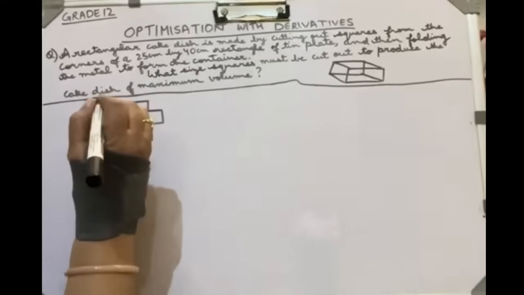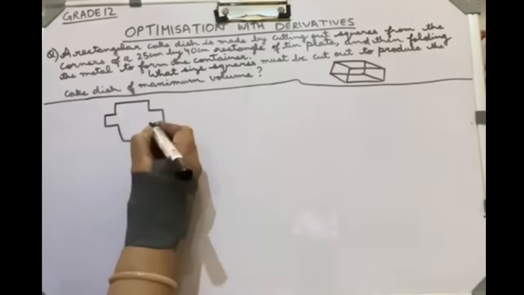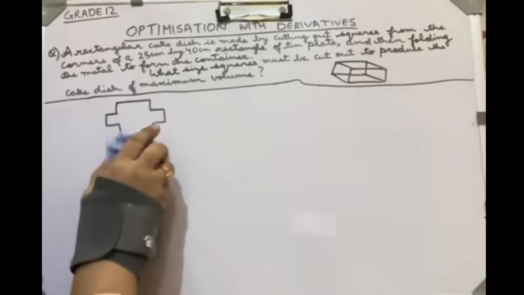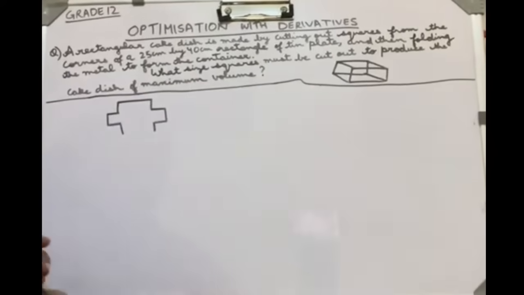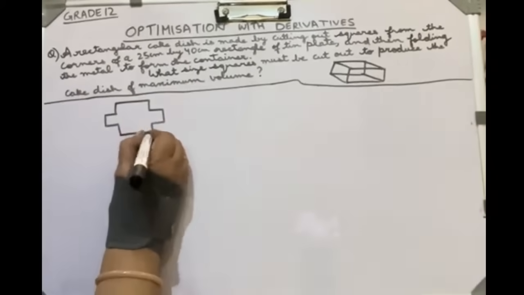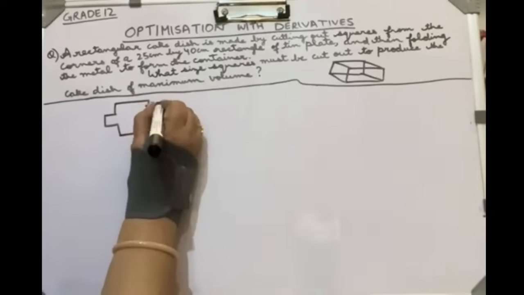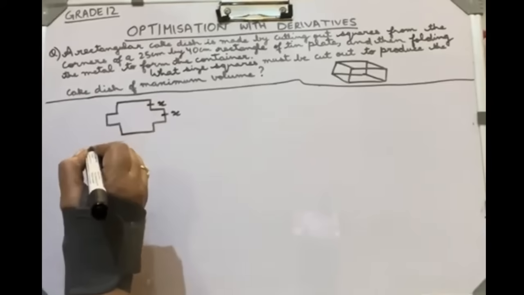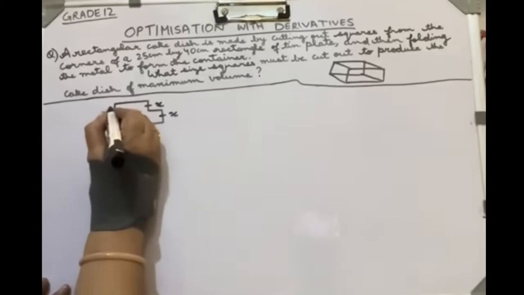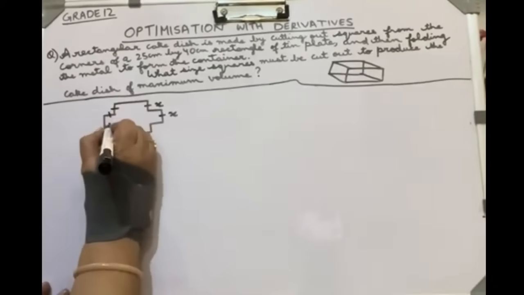Please note it is not drawn to scale. Now, x centimeter is the side length of the squares that are cut out. So all these are x.